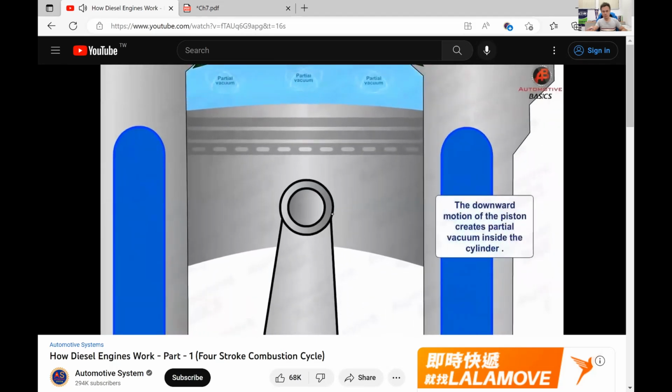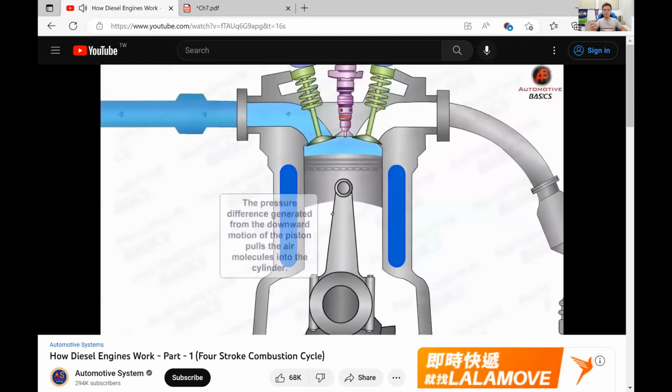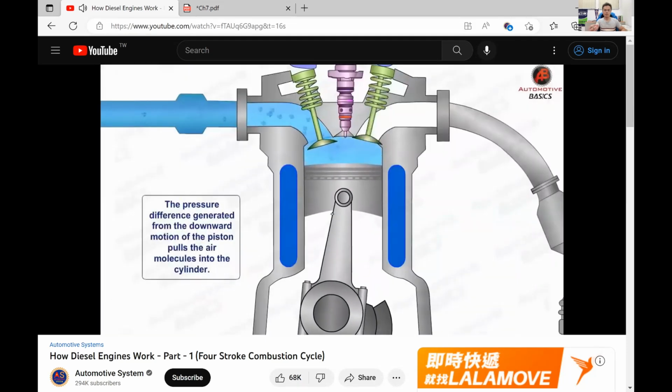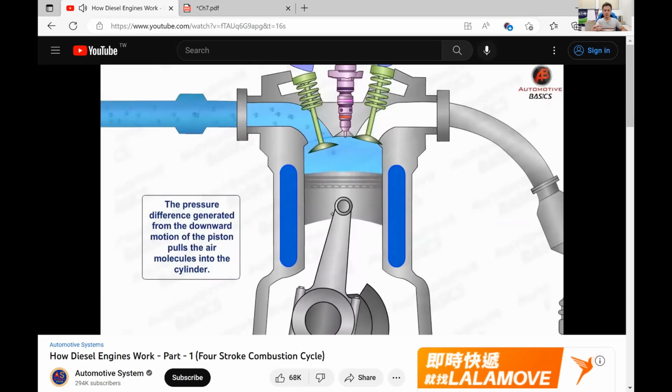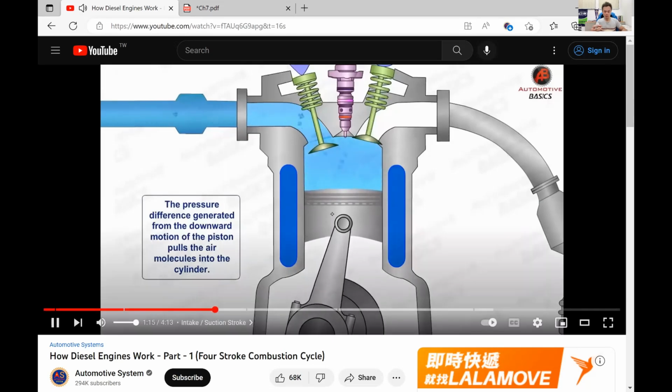So when the piston moves down, it creates a low pressure system. The pressure inside the piston cylinder device is low. And see this, this is another big difference between SI and CI engine.